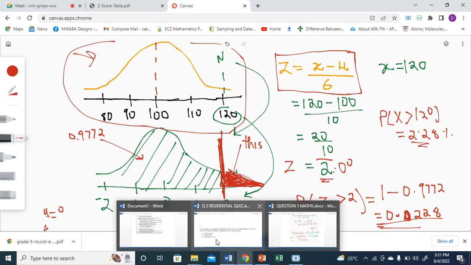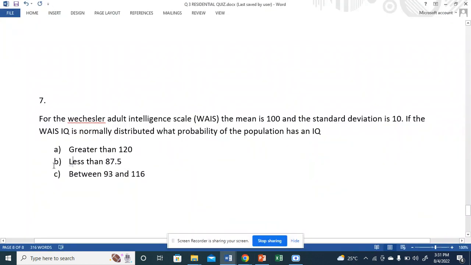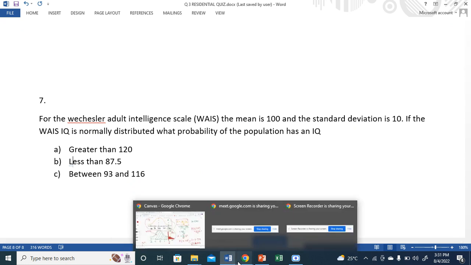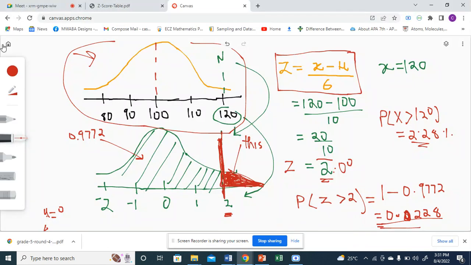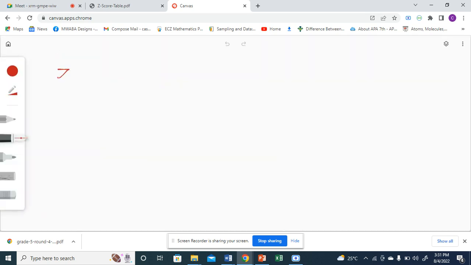The next one is they've told us to find the probability the IQ is less than 87.5. So again, you are going to get your z-score. The z-score equals x minus mu, which is the mean, divided by the standard deviation.